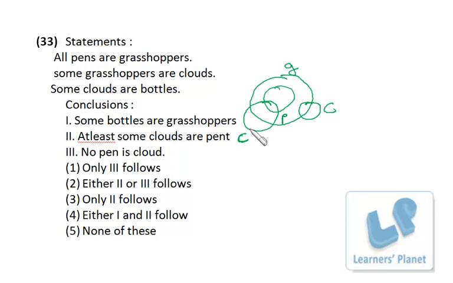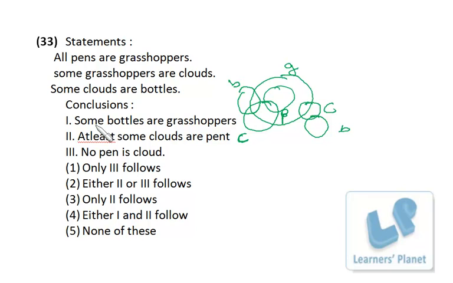Okay, the cloud is intersecting even with the circle of pens. Okay, then some clouds are bottles. So there are further various possibilities. Maybe the bottle is just an extra circle that is not intersecting with any other circle except the circle of clouds. Or maybe this is the scene. Maybe this circle of bottles is even intersecting the circle of pens. So that is a possibility. Let's see that later on.